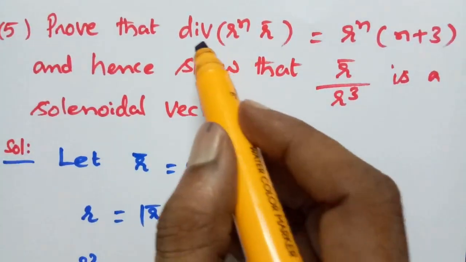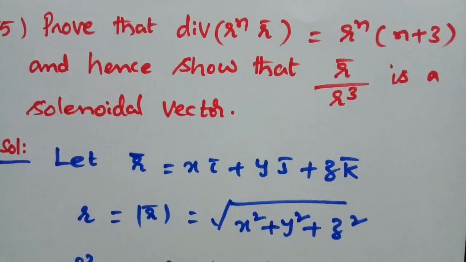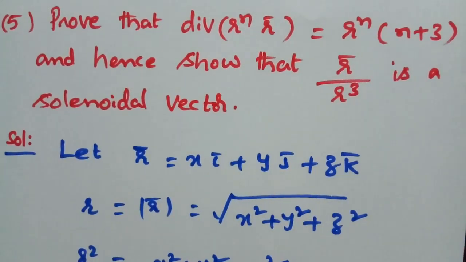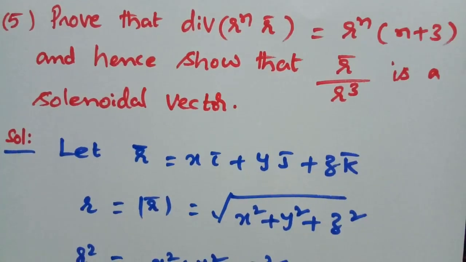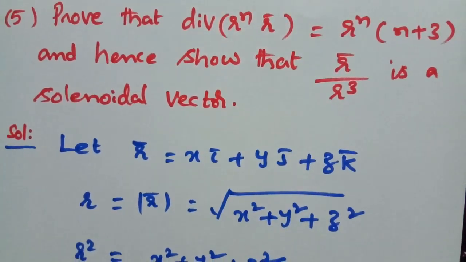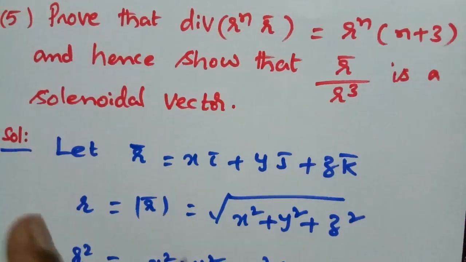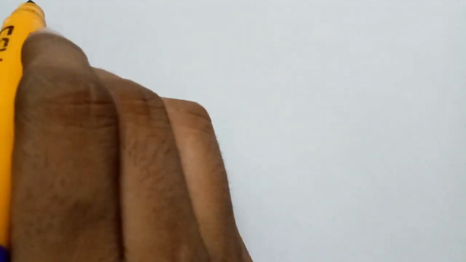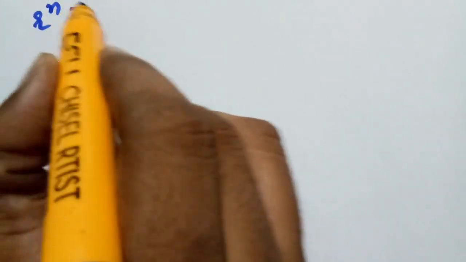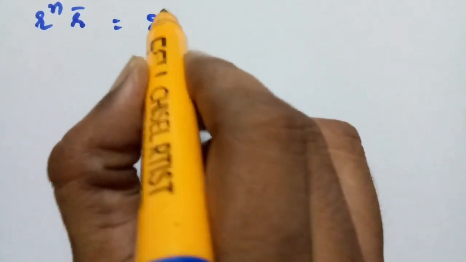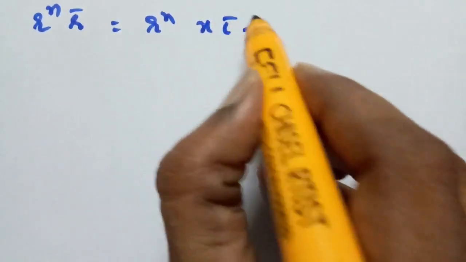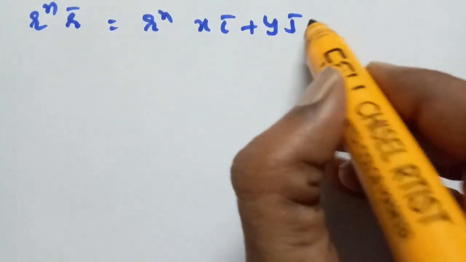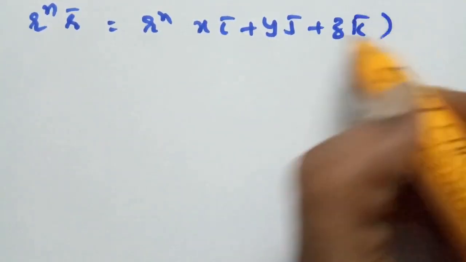Now take the left hand side, divergence of r power n into r bar. First r bar is equal to x i bar plus y j bar plus z k bar, and then multiply this by r power n. After that you can apply divergence. Now r power n into r bar is equal to r power n into x i bar plus y j bar plus z k bar.